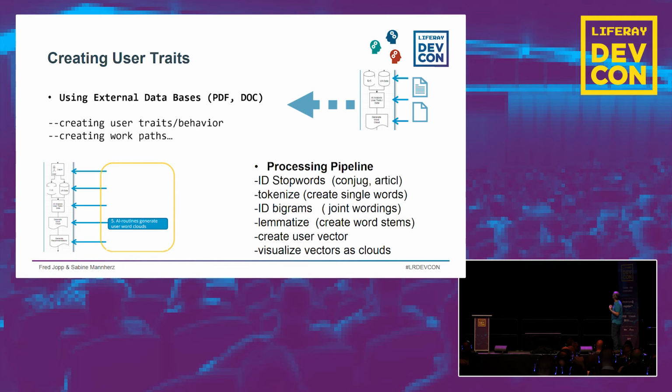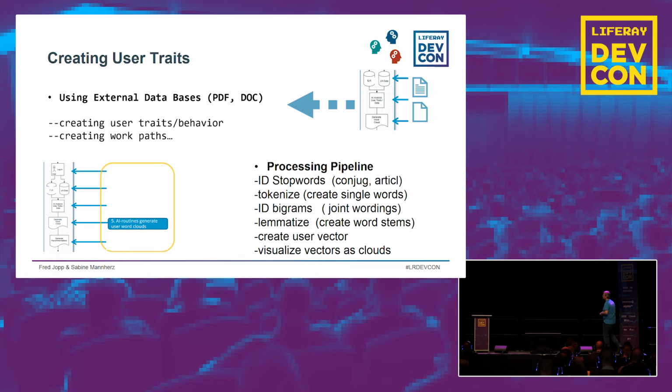Then do the lemmatization, going back to the word stem, and identify whether a word is a noun or a verb. Then use that information and create user vectors. And these user vectors are then visualized.